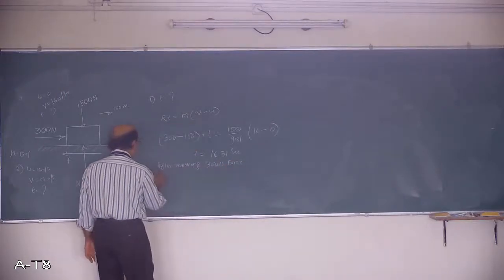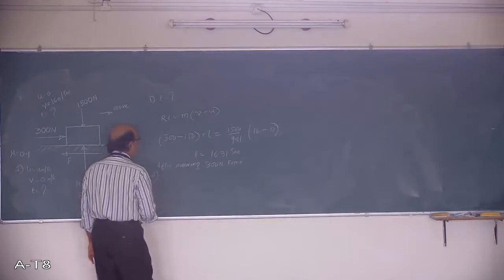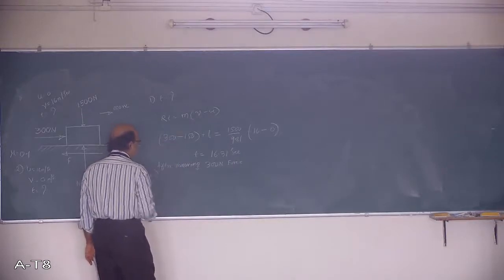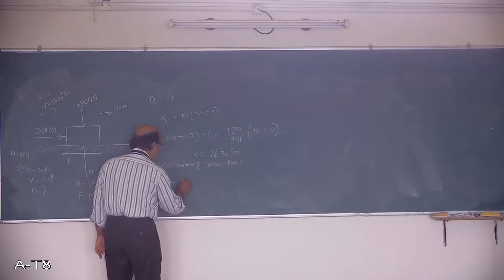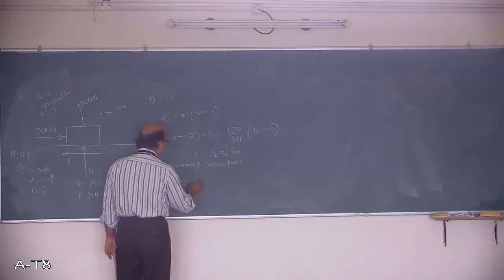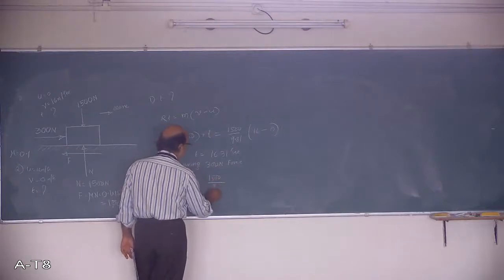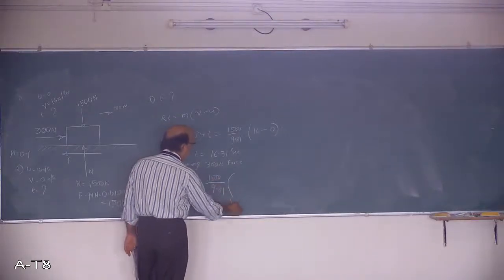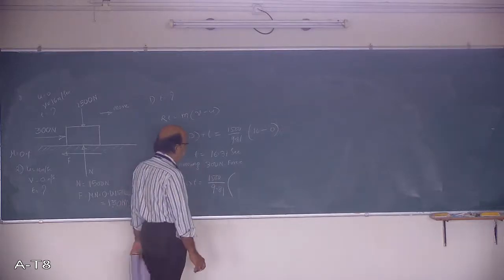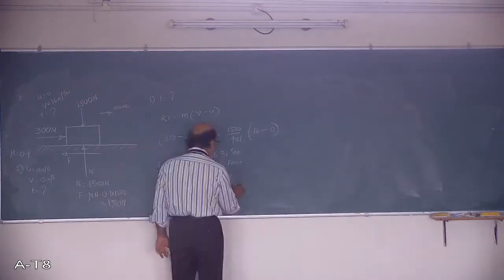In the second step, substitute the same in the above equation. There is no applied force, there is only the 150 Newton frictional force into T, equal to the same weight divided by 9.81 in the bracket, into the change in velocity.